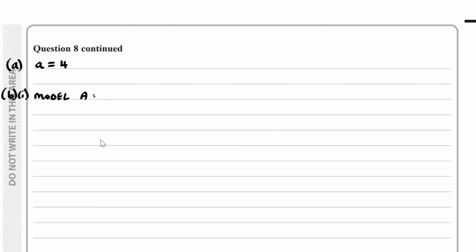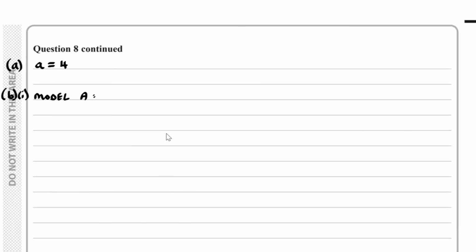And so if I do that, the minimum of y equals sine x will be at x equals minus 90.